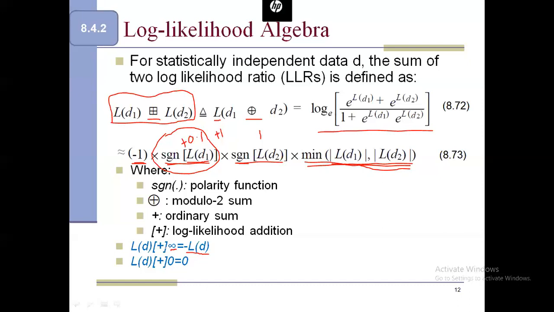If you add a very large number to it, it gives you the negative value, or if you add a very small value, it returns a very small value.